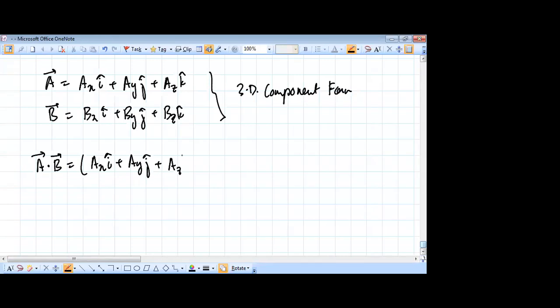But 9 terms में काफी सारे terms zero हो जाएंगे because dot product of a unit vector with a perpendicular unit vector is how much? It is 0. So you'll see that 6 of those 9 terms will become 0 and only 3 terms will remain.